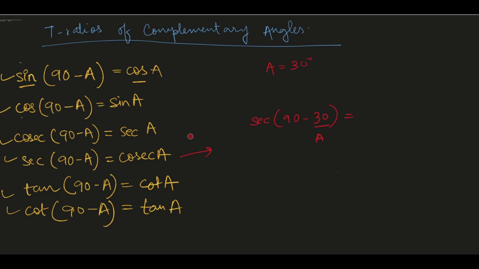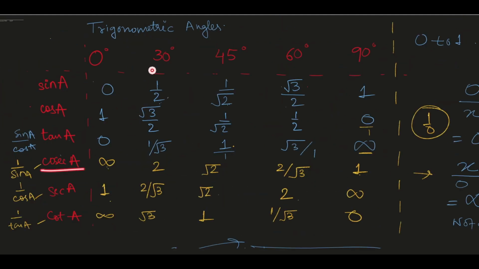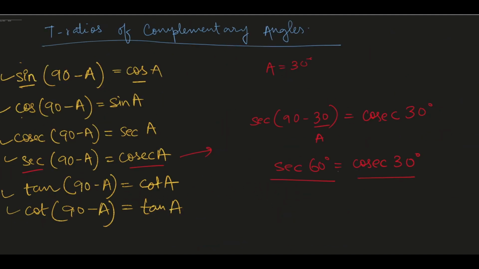Here 30 is A, so sec changes to cosec, and we'll write cosec 30 degrees. Finally, we can write that the value of sec 60 degrees will be equal to cosec 30 degrees. Let's check in the table. Cosec 30 is 2, and sec 60 is 2. Proved. See, sec 60 is equal to cosec 30.